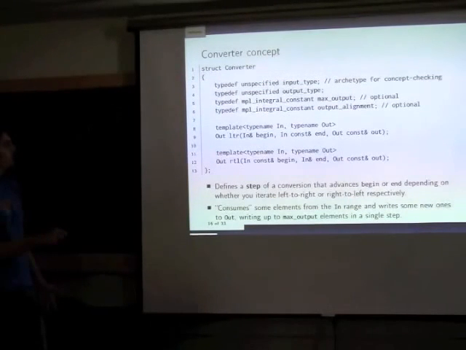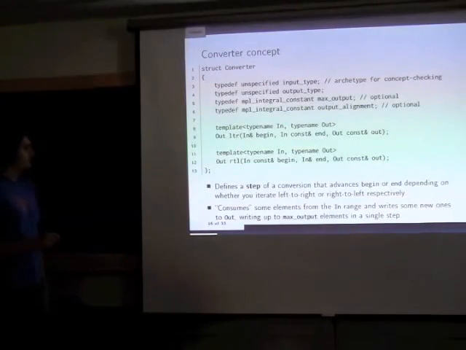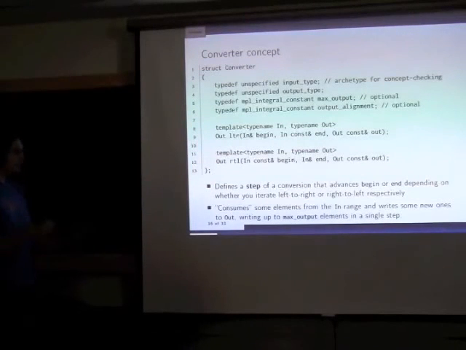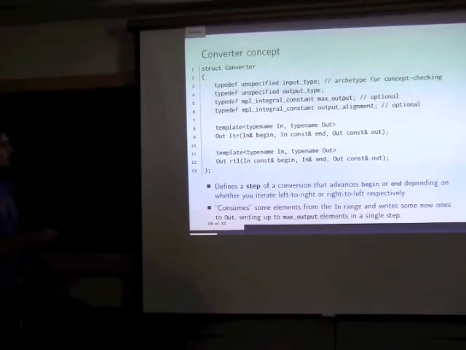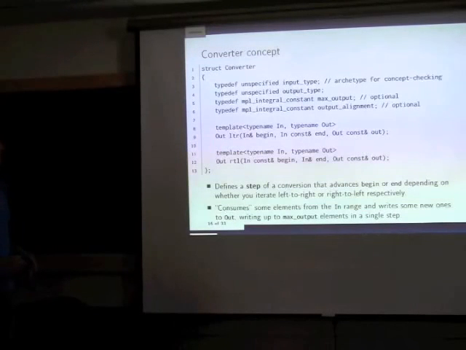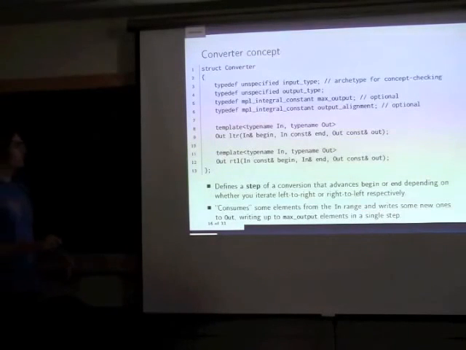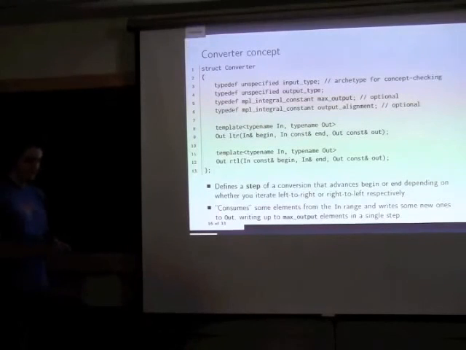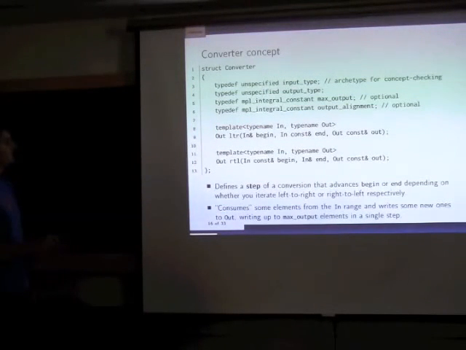This is a bidirectional iterator, and this is an output iterator. And so left to right and right to left will consume some of the input range, which is defined by begin and end, and will write some output onto out and return. And so when it does that, for example left to right, it will consume some of the range, and the input iterator advances accordingly.